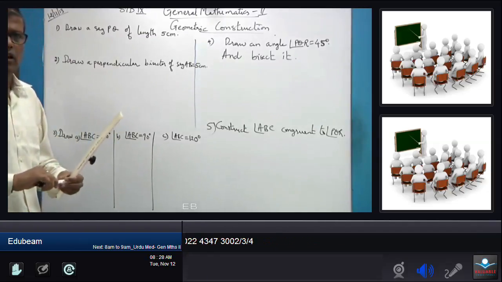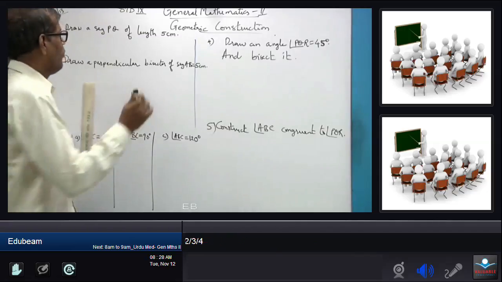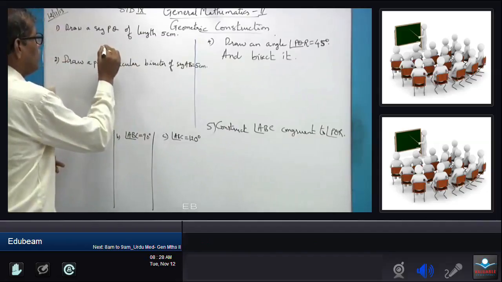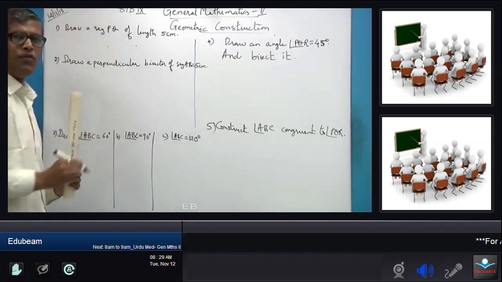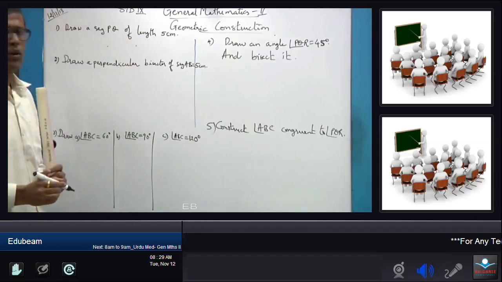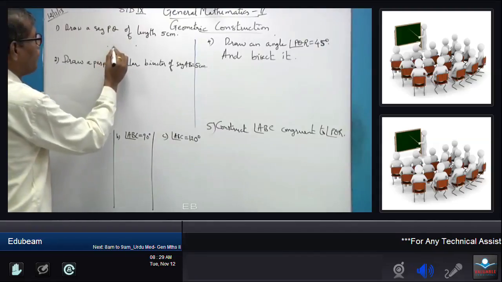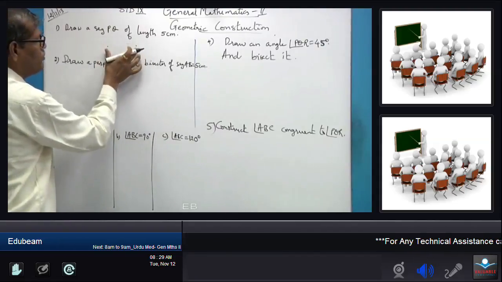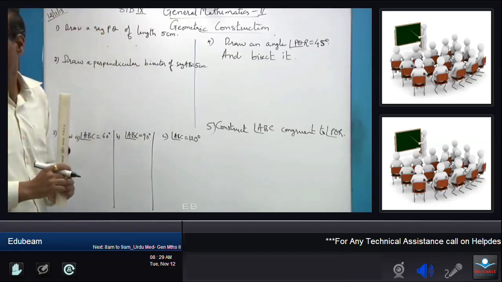Again the same thing. Join it. You get PQ. That measure is 5 centimeters. The second is perpendicular bisector.